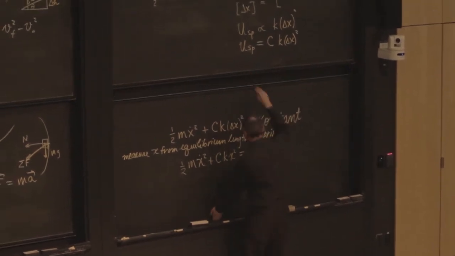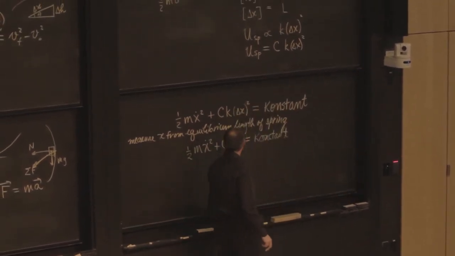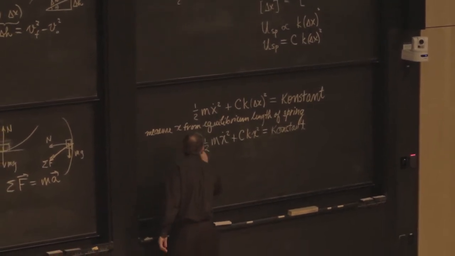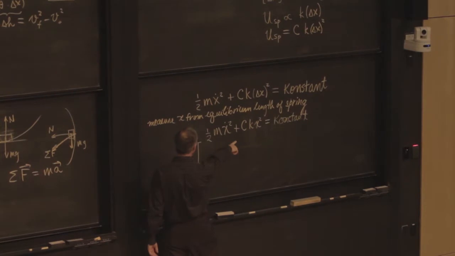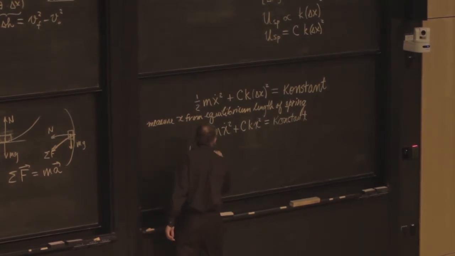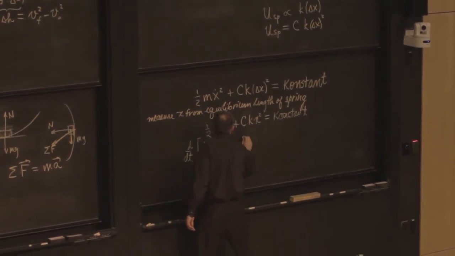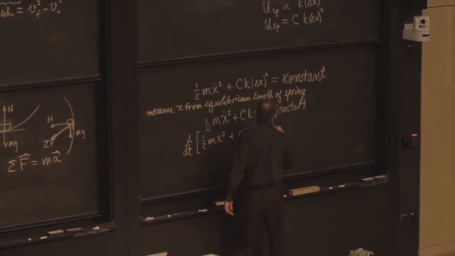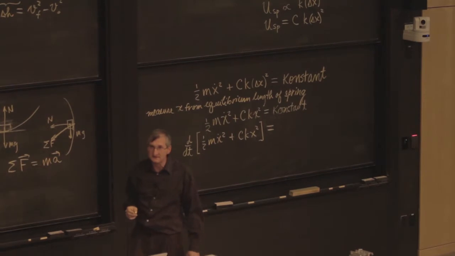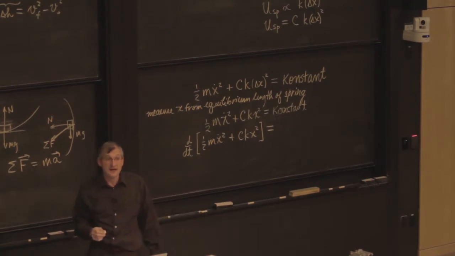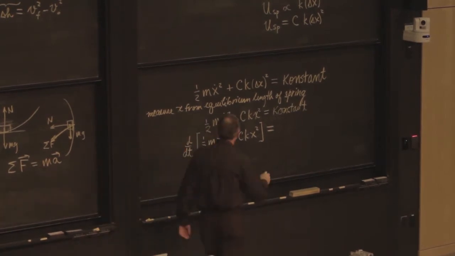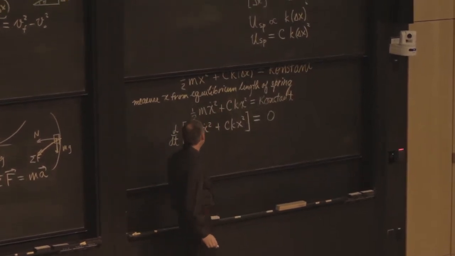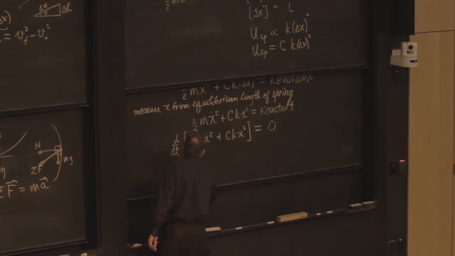All right, so, okay, so the time derivative of this whole thing is the time derivative of a constant, zippo, right? Zippo. So now we have to use the chain rule. So we have m.